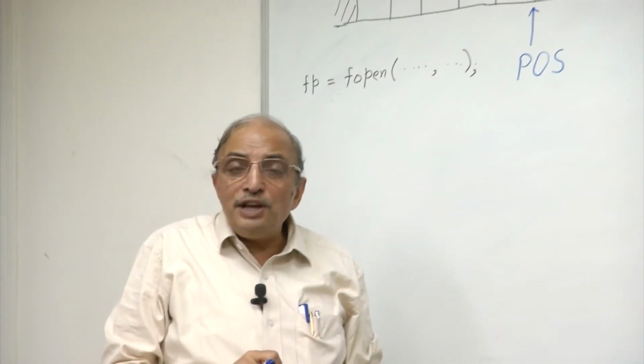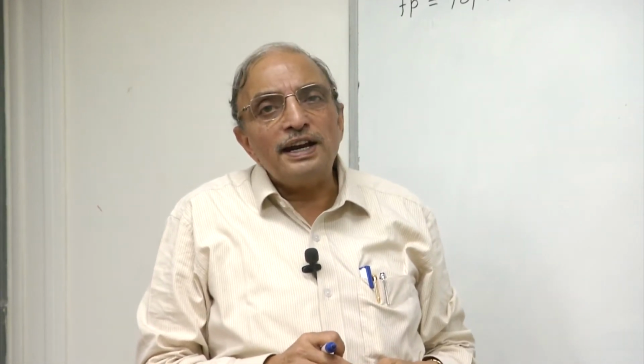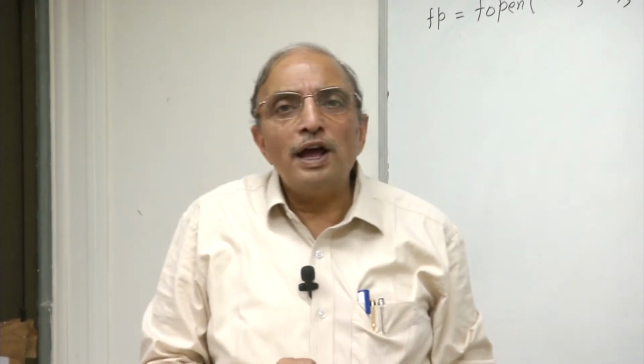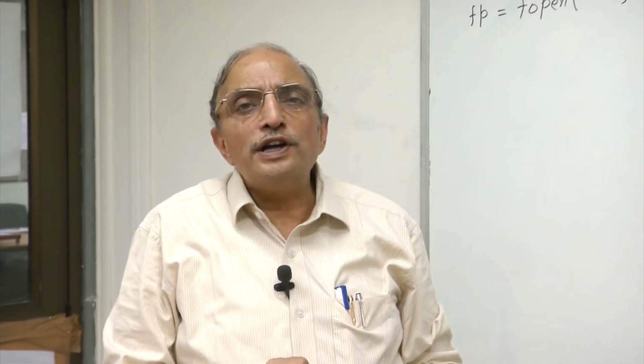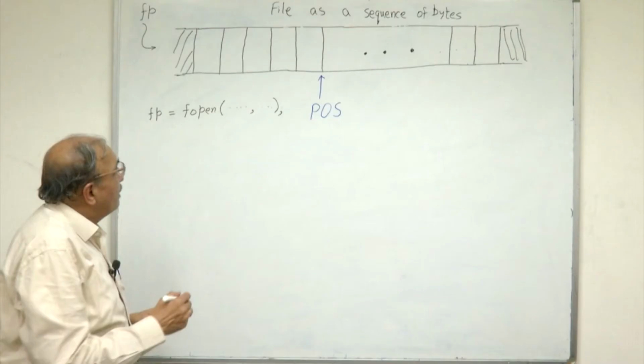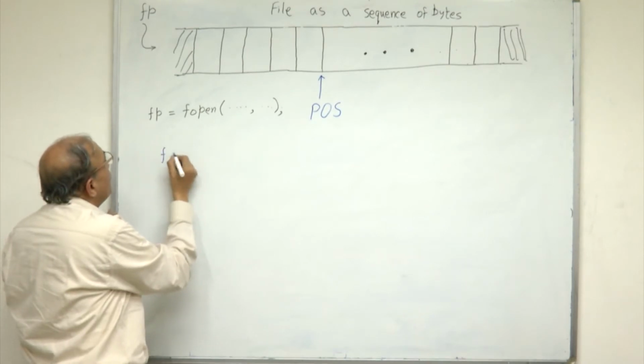There are, as I mentioned, a whole lot of functions which permit us to process this data. These functions are defined in the cstdio library. Here are a few functions which are relevant for processing data. For example, if I want to read, I will use a function called fread.